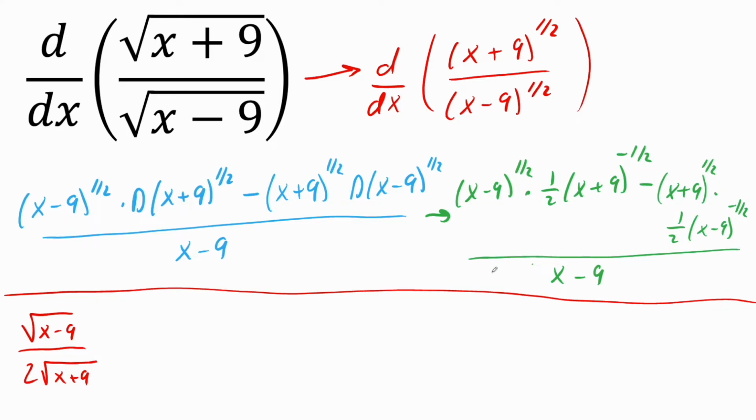Then we deal with this piece here, so minus the square root of x + 9. We're multiplying by 1, so it doesn't change it, and then we divide by 2. And this is raised to negative 1/2, so we can take it to the denominator. So we'll have the square root of x - 9, and the whole thing is being divided by x - 9.